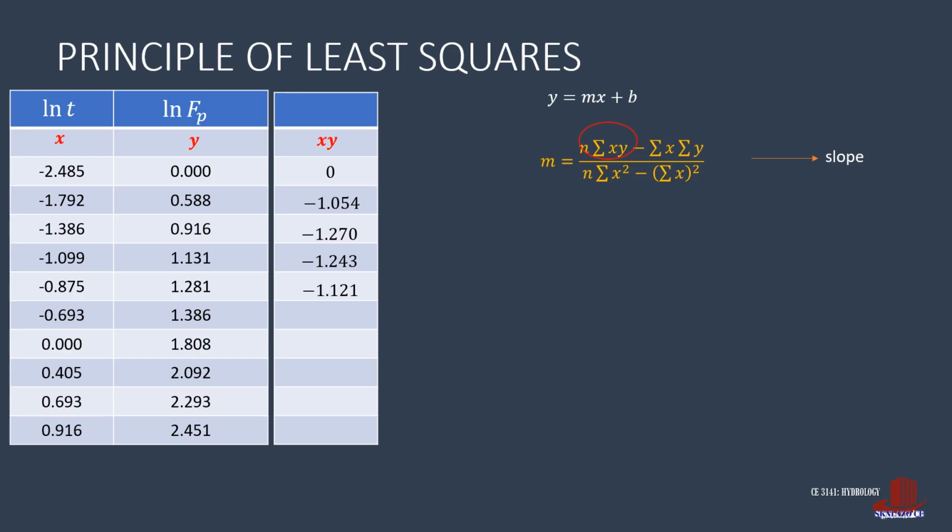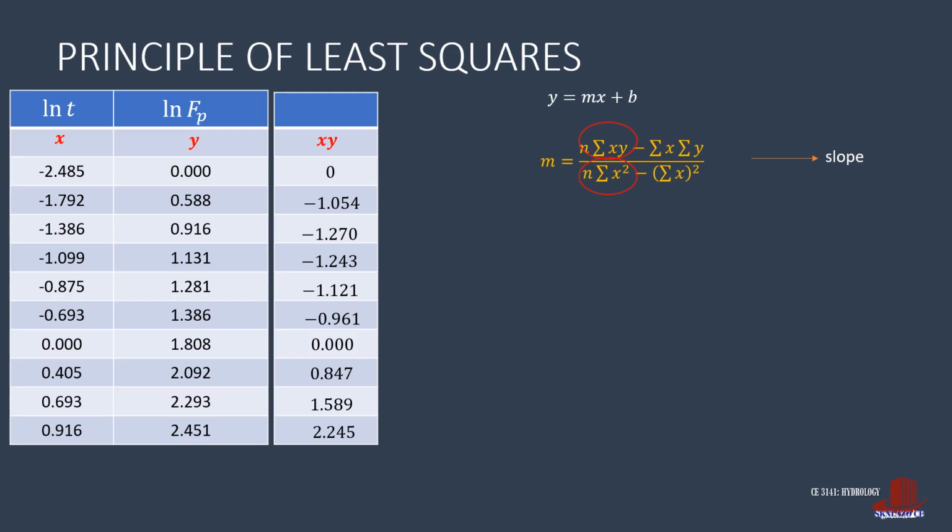Negative 0.875 multiplied by 1.281 is negative 1.121. Negative 0.693 times 1.386 is negative 0.961. 0 times 1.808 is still 0. 0.405 times 2.092 is 0.847. 0.693 times 2.293 is 1.589. Then 0.916 times 2.451 is 2.245.